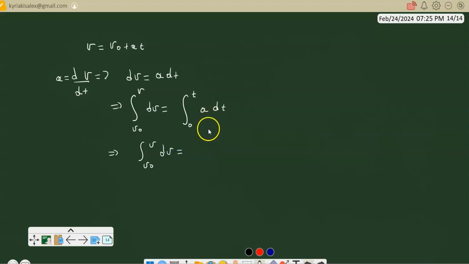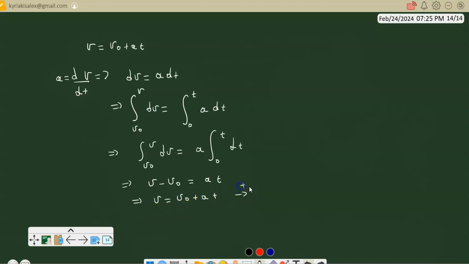I take into account that a doesn't depend on time, it is a constant acceleration. So I can write it like this: integral from 0 to t dt. This should be v minus v0 equals a times t. V equals v0 plus a times t.